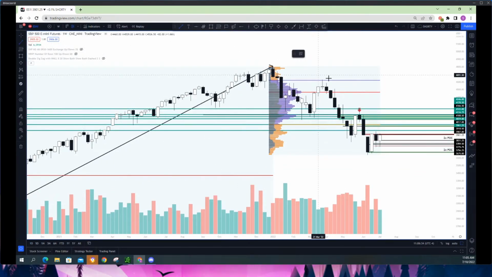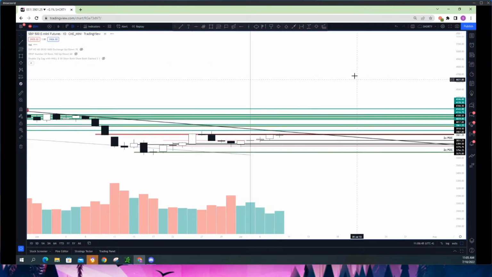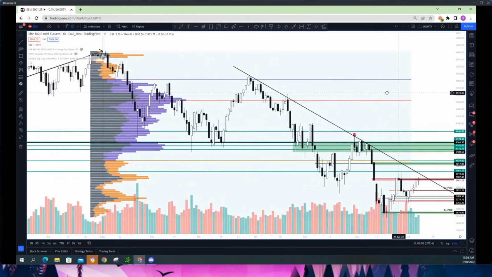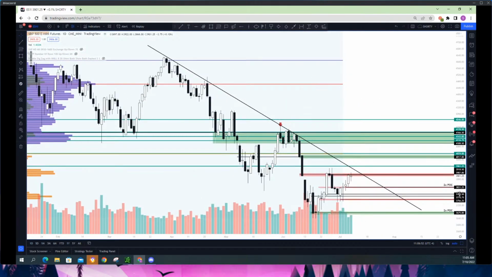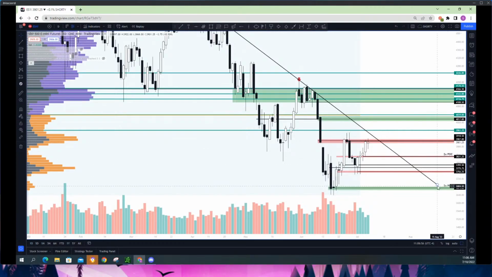And you can always add more confluence points. For instance, we add this downtrend, and if we switch to daily, it lines up right here that we might hit that on 39.61.